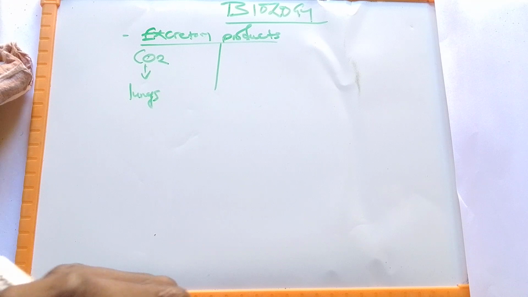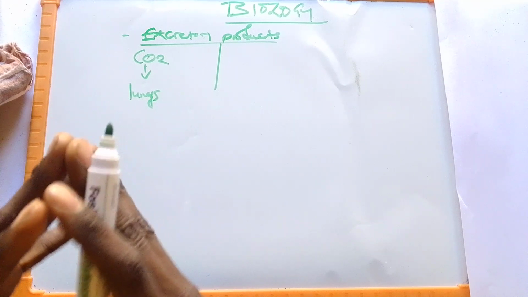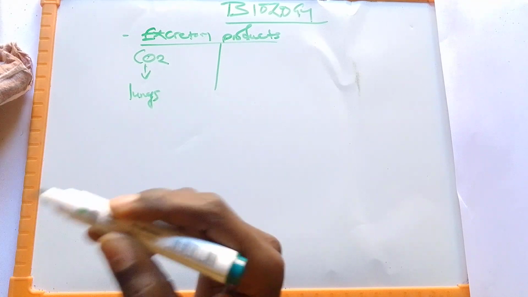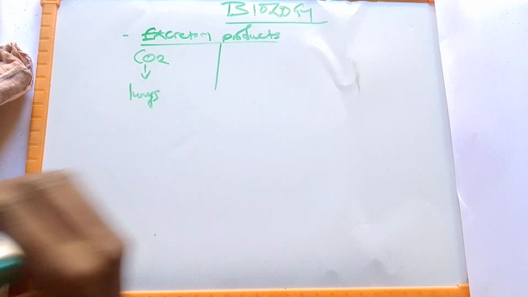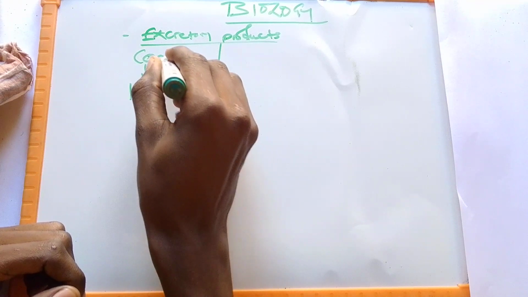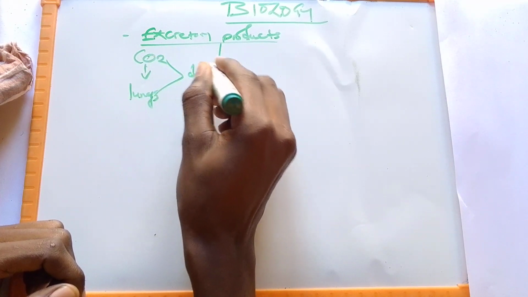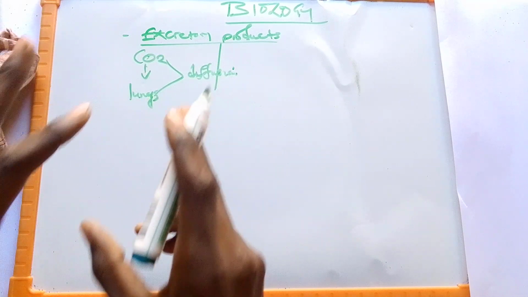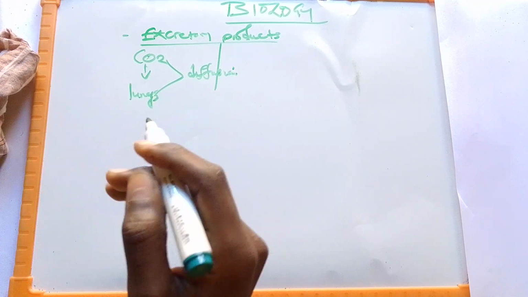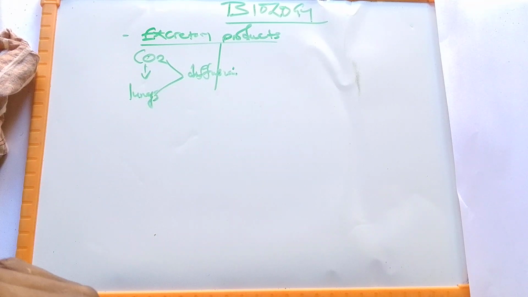So carbon dioxide will be excreted during the process of gaseous exchange, and the process that facilitates this gaseous exchange in the alveolus, in the lungs, is what you call diffusion. So diffusion will be the process facilitating the excretion of carbon dioxide into the lungs.